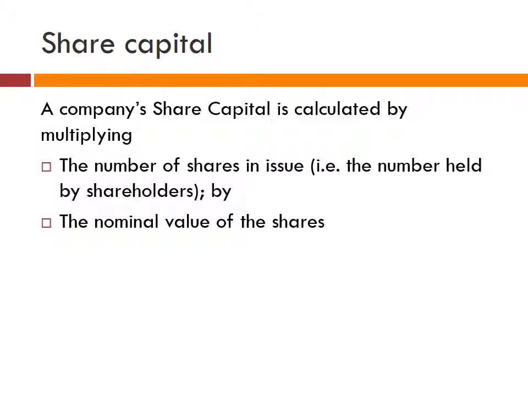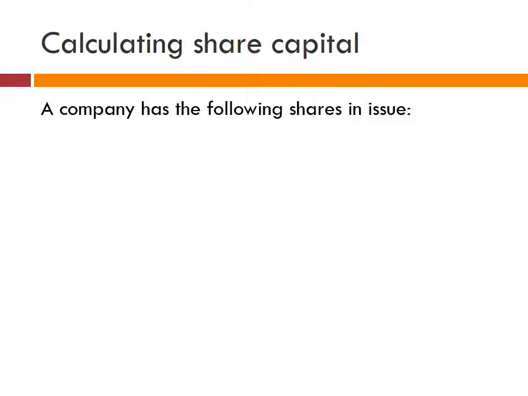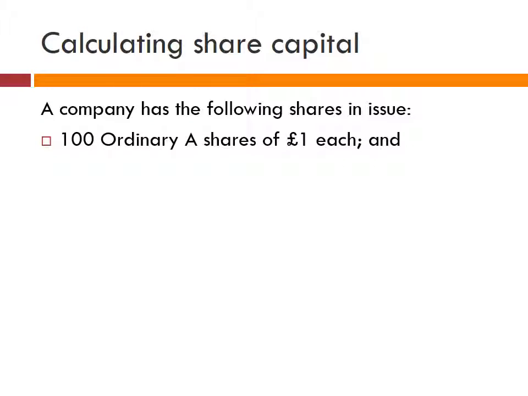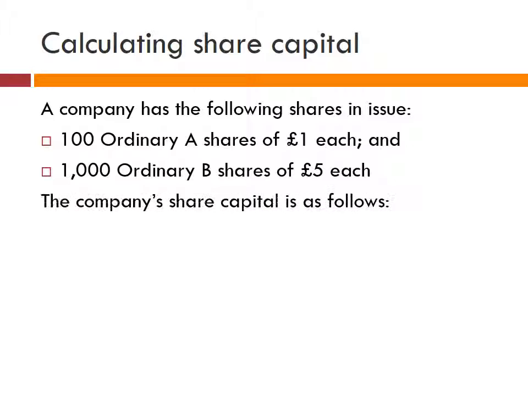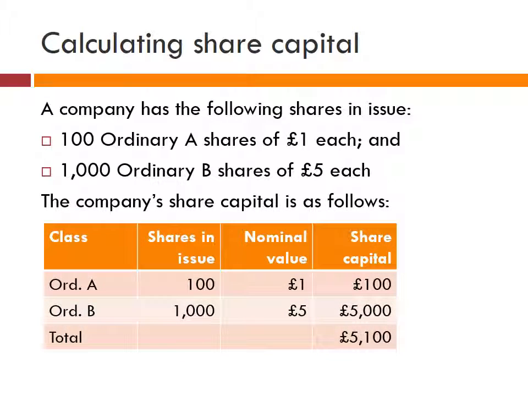So let's have a look at an example just to illustrate how straightforward. So let's say that a company has 100 ordinary A shares of £1 each and 1,000 ordinary B shares of £5 each. Well, we would calculate the share capital as follows.